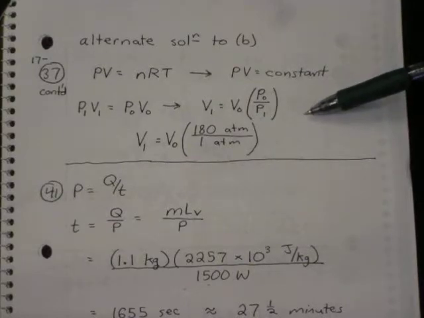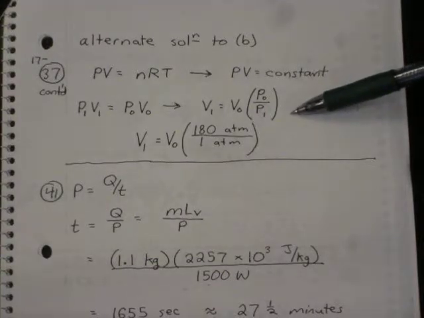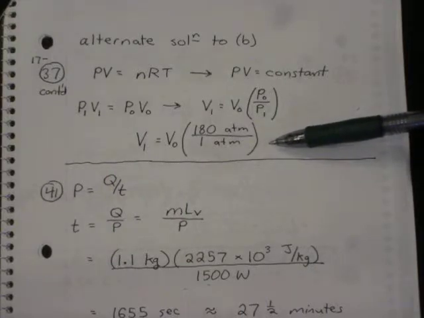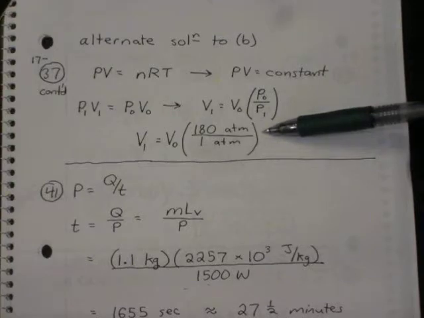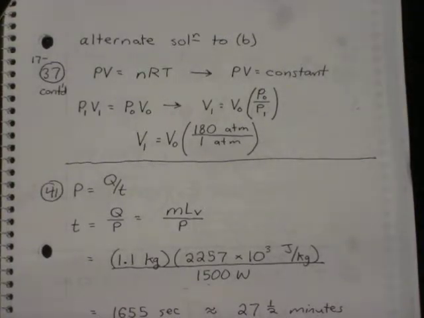And we're going to solve for the new volume. So V1 equals V0 times P0 over P1, which means V1 equals the original volume, which we found previously, times 180 atmospheres over 1 atmosphere. So the volume has been changed by a factor of 180.